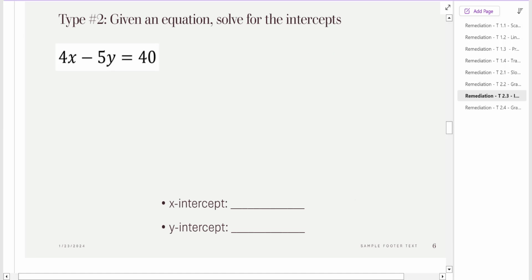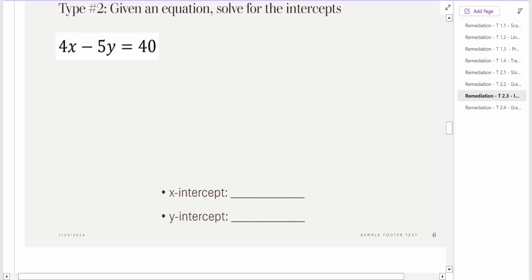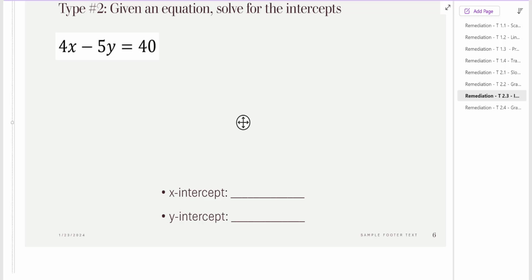All right, the next type of problem is if you're given an equation, solving for the intercepts without a graph. Okay, first you need to have the equation 2 times. Because the first time we're solving for the x-intercept, and then the second time we're solving for the y-intercept.